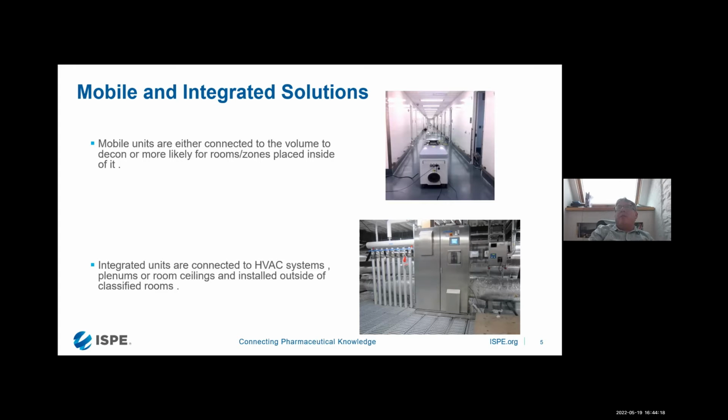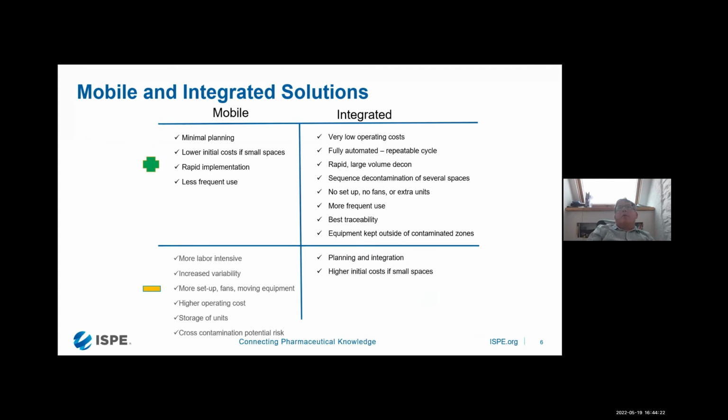And they have both their advantages. So if we compare mobile to integrated, for sure, mobile is a very easy technology to plan, because we just have to push the equipment inside the volume. Now, the cost, if it's smaller place, that's really contained.